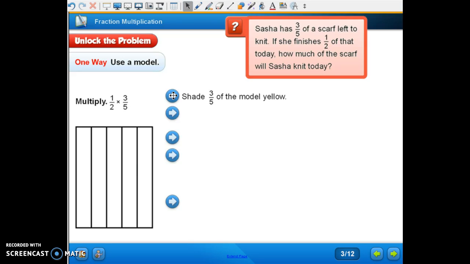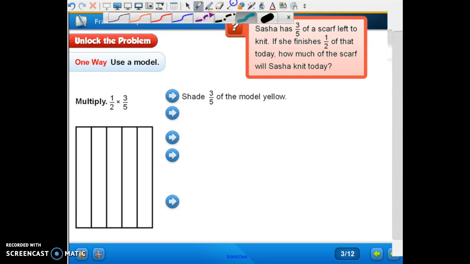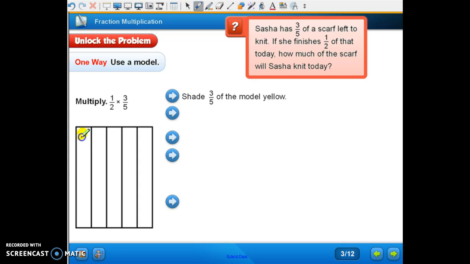Shade 3/5 of the model yellow. Okay, we shaded 3/5 of that yellow.